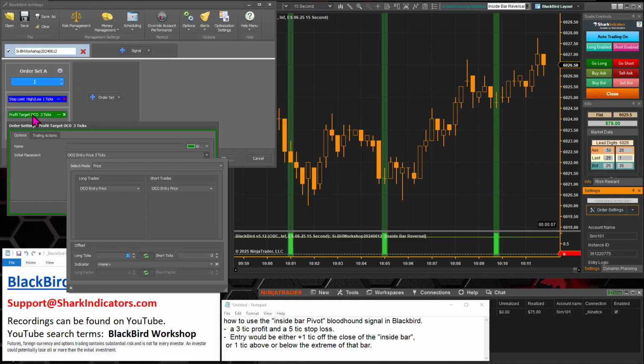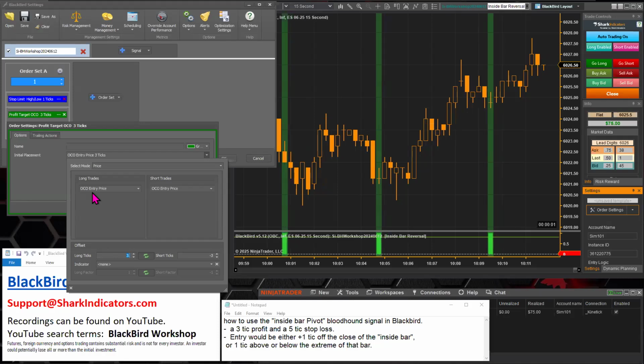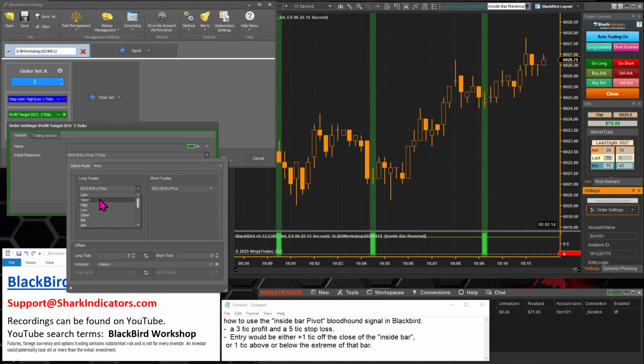Now, of course, with the exit orders you typically base your price off of the entry price. If you wanted to, you could set your profit target off of the high of the bar. So you do have all the other bar prices here as well.